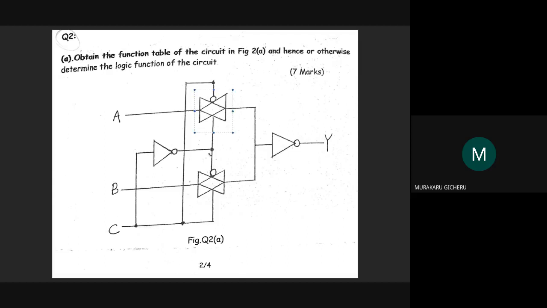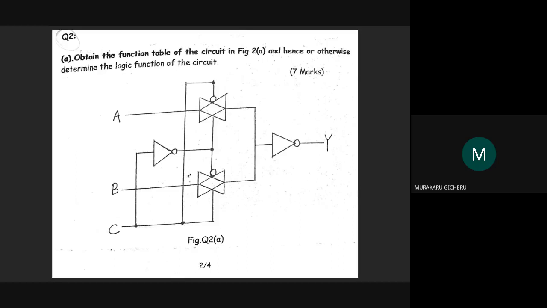Because if the transmission gates are off, then they're not conducting anything, so it doesn't matter what's going into them. You're going to get 0 over here, or a disconnection, or it's just not going to flow this way.